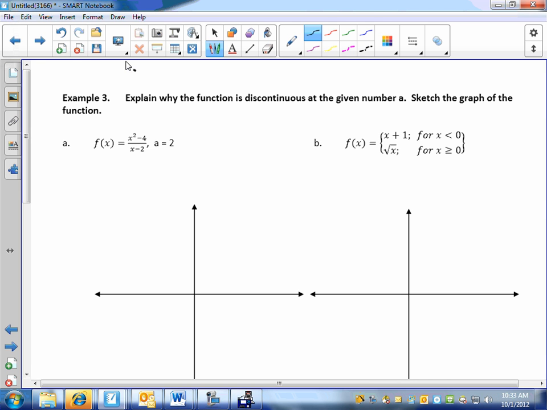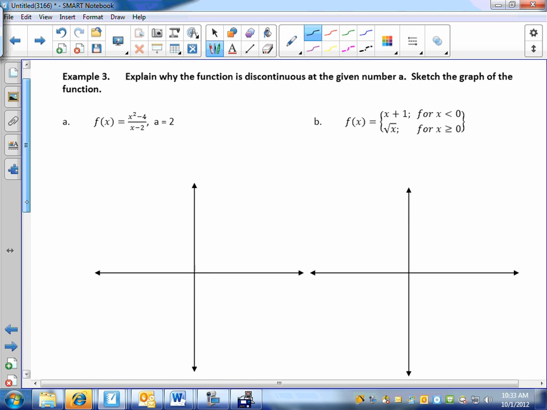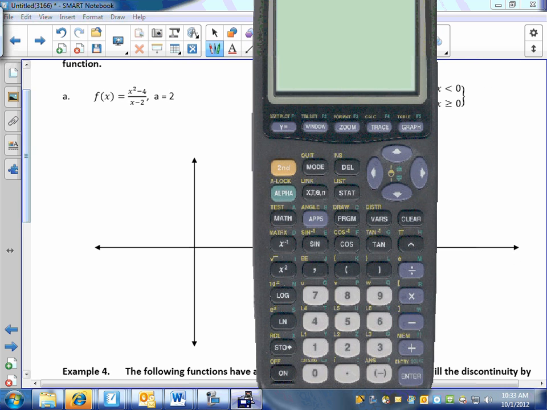Okay. It says explain why the function is discontinuous at the given number a. Sketch a graph of the function. So let's sketch a graph. Take out your calculators. I know you guys love this part.